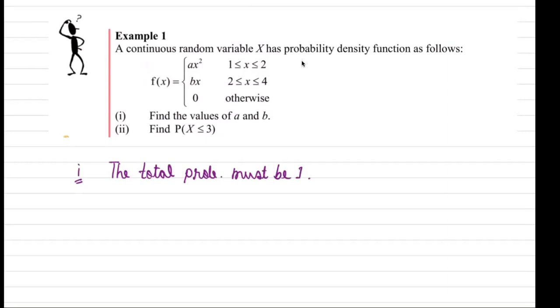So if I integrate all of this, that would be equal to 1. Now, if I write integration of ax squared in the interval 1 to 2, plus if I integrate the second function bx, that would be equal to 1.